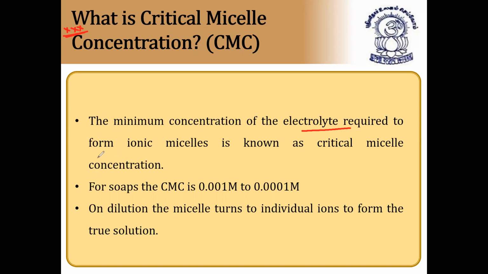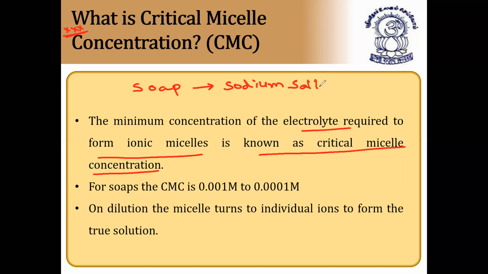The minimum concentration of the electrolyte required to form ionic micelles is known as critical micelle concentration. Ionic micelles means they form partial charges, partial positive and partial negative. For example, what is soap? Soap is nothing but the sodium salt of fatty acids.